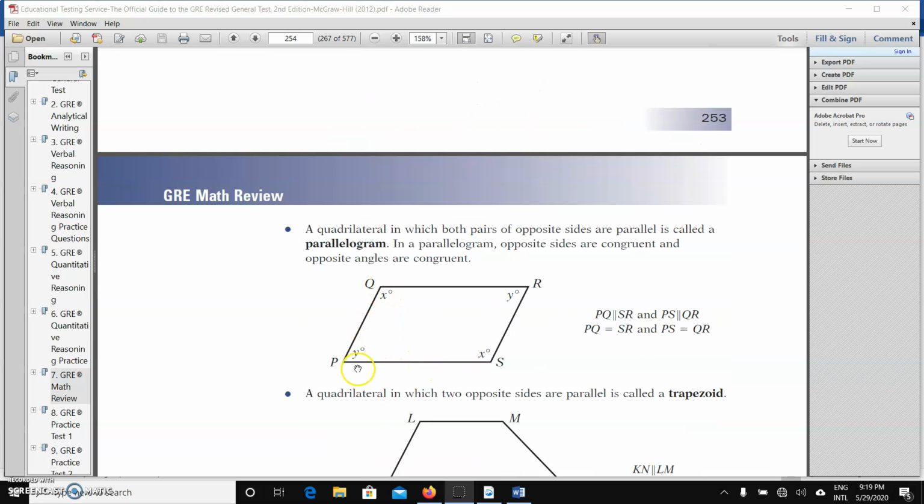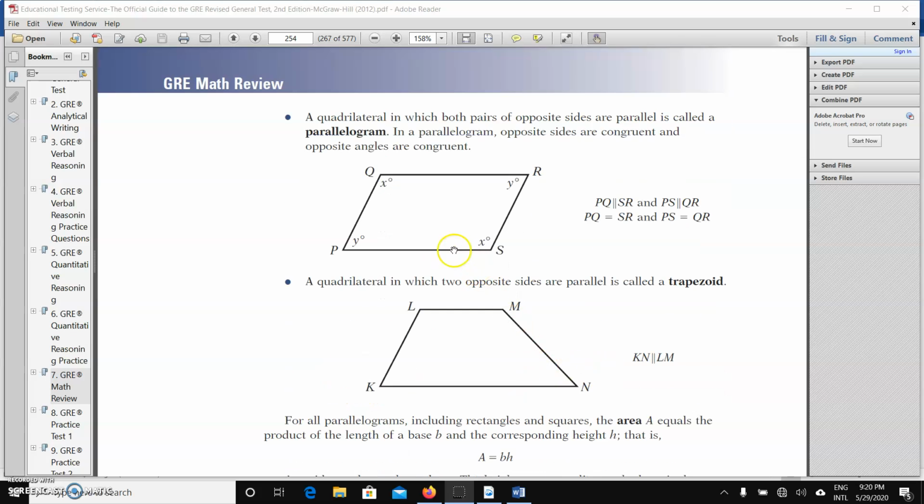That's four sides, 1, 2, 3, 4. It looks like a kite. So PQ is the same as SR, congruent. QR is congruent or the same as PS. That's what this is telling you.